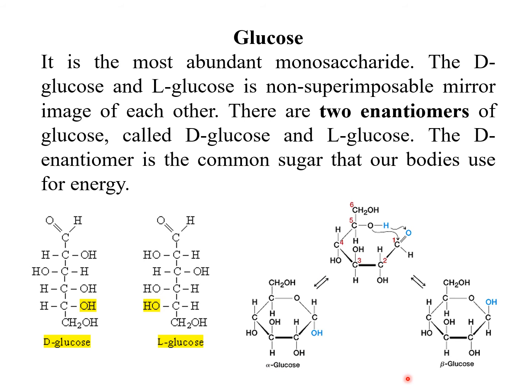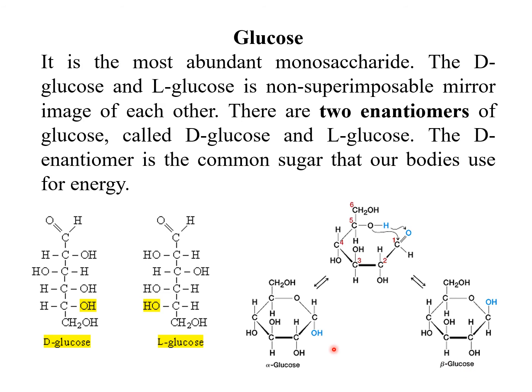The basic logic of alpha and beta glucose is, if it is formed in a cyclic form, it will appear like a plane. If the hydrogen group is above this plane, it is said to be alpha, and if the hydrogen group is below, we call it beta glucose.